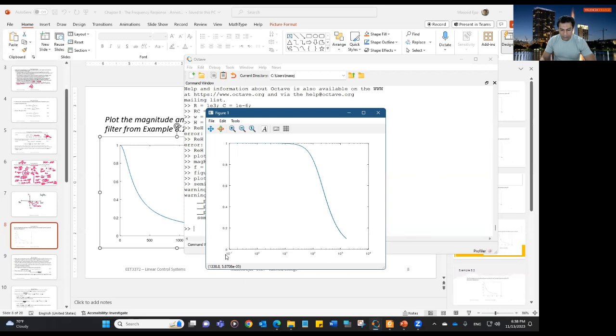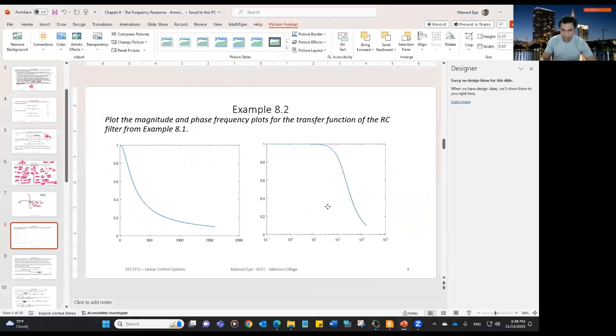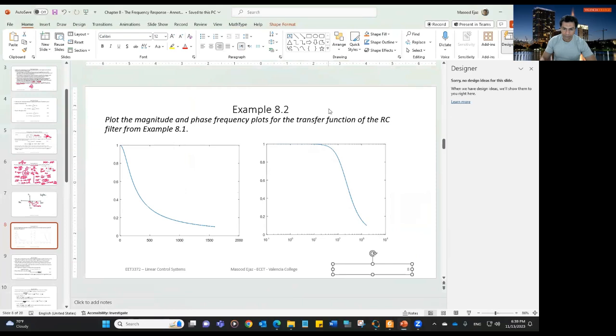So the x-axis is always log. If you're plotting filter response or frequency response, most of the time the x-axis is taken in the logarithmic scale. And for the Bode plot that we're going to study, the y-axis or the magnitude is taken in decibels. So these are the magnitude response.